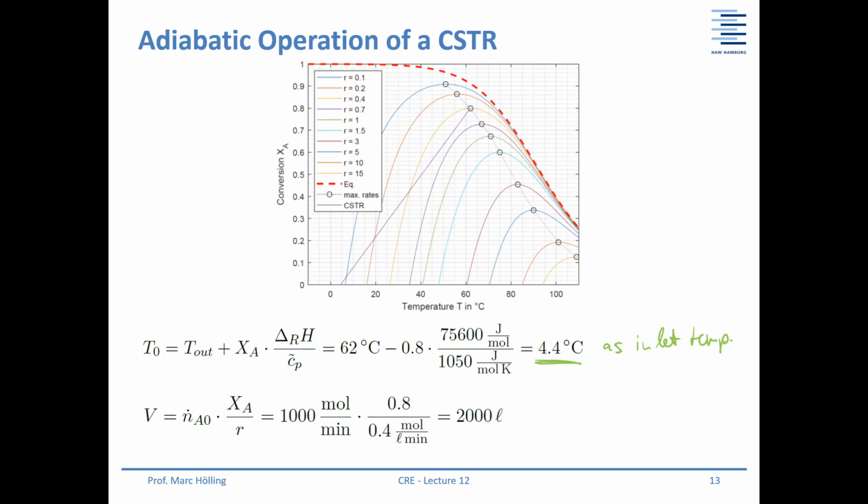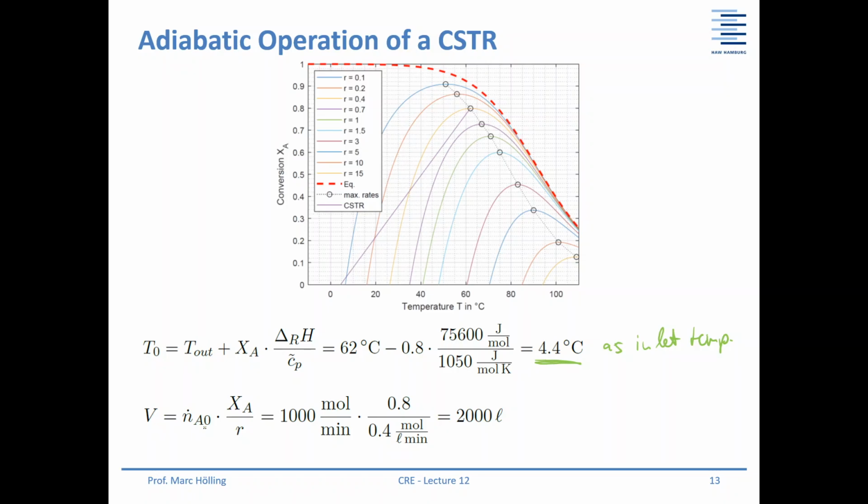And so the main question was, what is the reactor size for a continuously stirred tank reactor? And this is very easy to calculate. I think you remember the worksheet on the continuously stirred tank reactor. This is just the inlet mole flow times the conversion divided by the reaction rate.